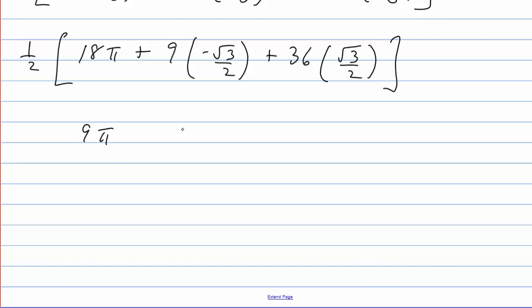So this would give us 9 pi. We'd have minus 4 in the denominator, 9 radical 3, plus, again, 4 in the bottom, 36 radical 3. We could simplify that to 9 pi.